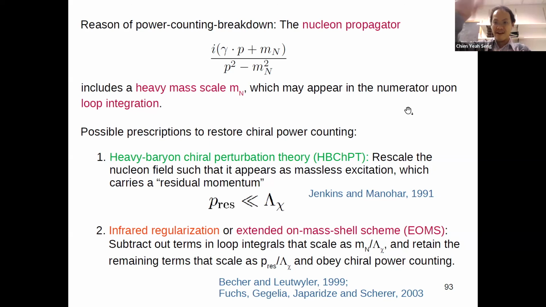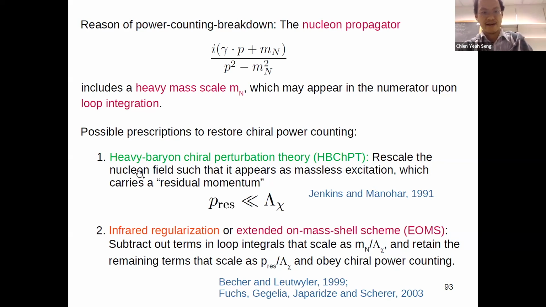So now you have a heavy numerator divided by lambda chi, and there is no convergence in the power. So this shows that a naive application of chiral perturbation theory involving the nucleon will lead to a breakdown of chiral power counting. So there are a few prescriptions to restore the chiral power counting.